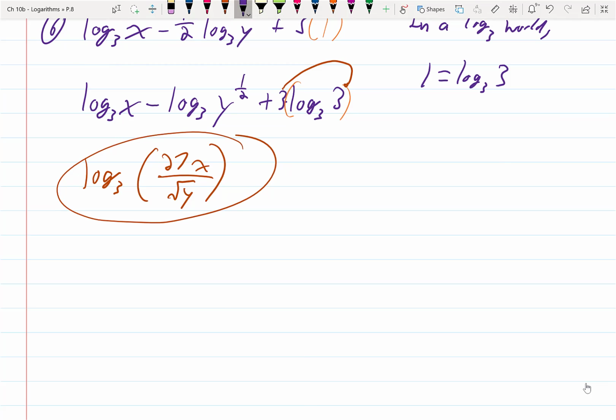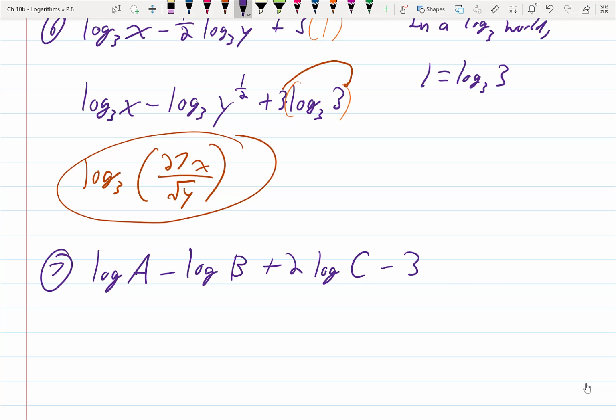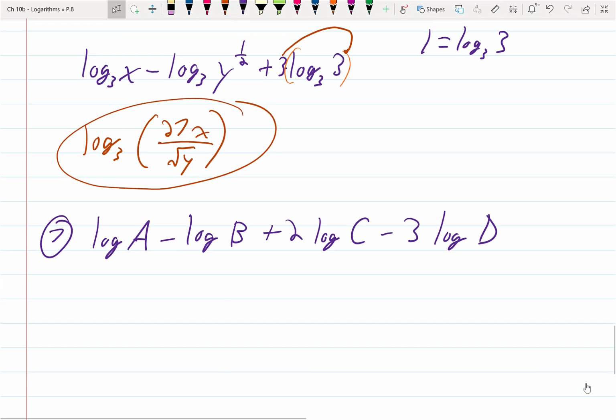Okay. Next one. I'm going to want you to do this and a lot of these now in one step. No intermediates. So let's kind of make one log expression. When I don't write a base, I assume a base. So can we write the log of a single thing?